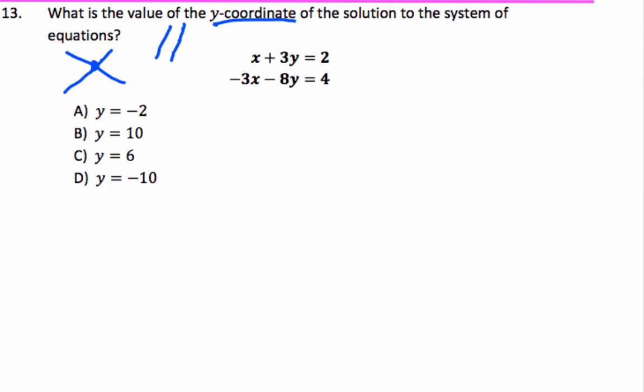Now, it's a good idea to label the equations with a number. So I'm going to call the first equation equation number 1, and the second equation equation number 2. Now, I'll just indicate that here, we're using the substitution method.